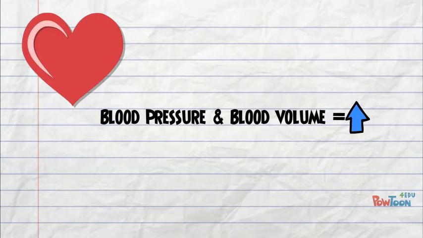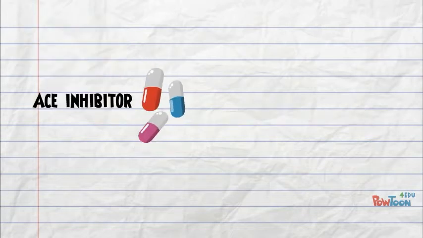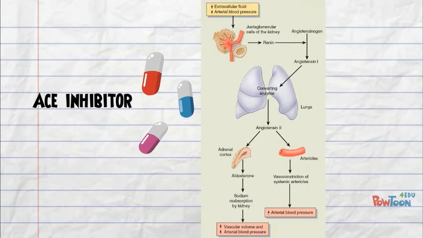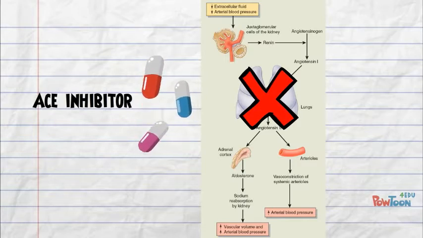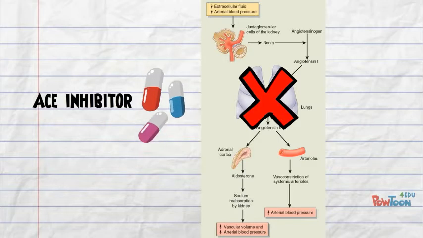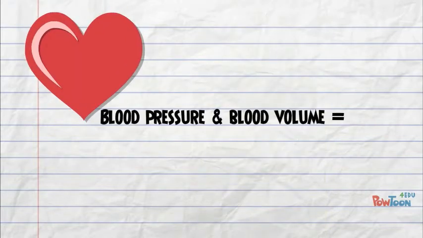Now, when administered, an ACE inhibitor is going to stop angiotensin converting enzyme, ACE, from converting angiotensin 1 to angiotensin 2. By doing this, it promotes vasodilation and the excretion of sodium and water through the kidneys, resulting in a lowering of blood pressure.